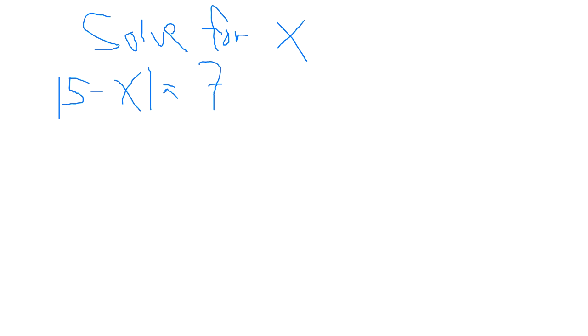Once you remove the modulus, it can be positive: 5 minus x equals 7, positive. Then you can have 5 minus x equals negative 7.